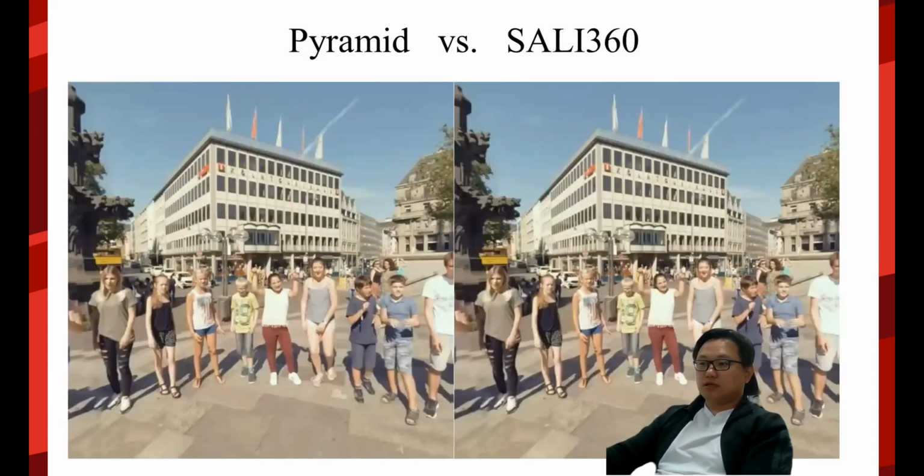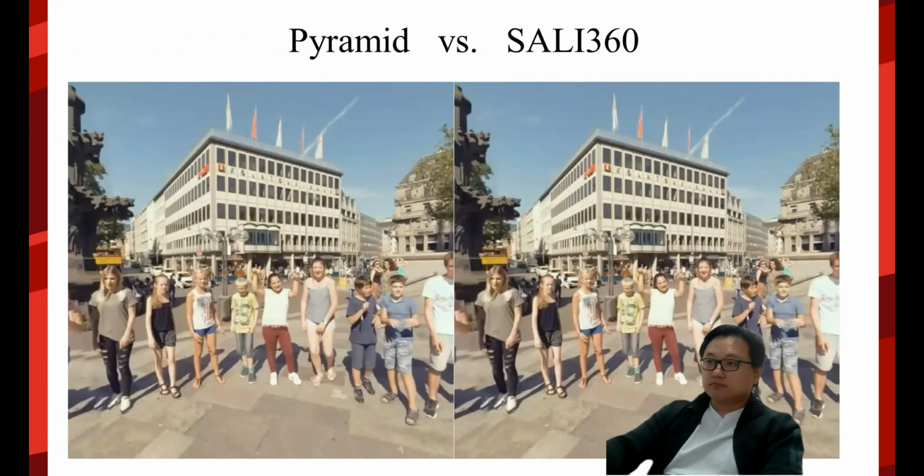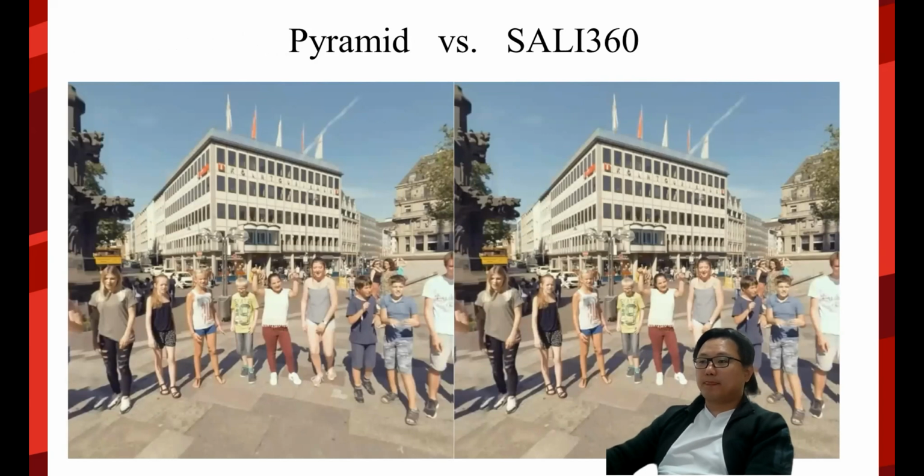So can I see? So these are the actual video streaming with the Setlist 360. On the left is a pyramid. On the right is a Setlist 360. Do you see this? Okay.